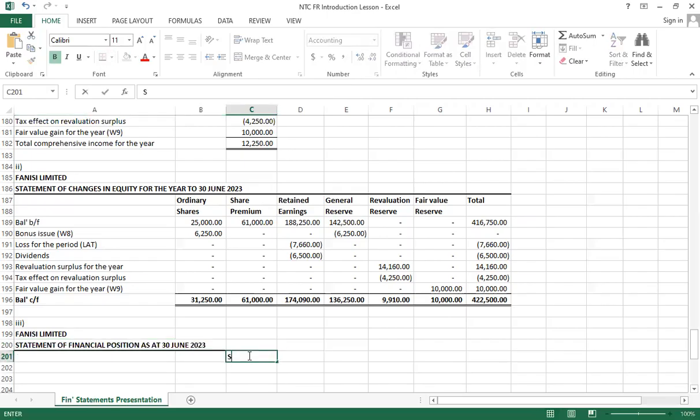We will again have our shillings in thousands. We reported in shillings in thousands.